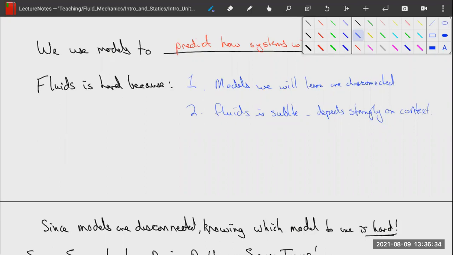So understand, you cannot just memorize a few equations and use them on an exam, because those equations that you can memorize are never the ones you're actually using. You take the equations and you alter them based on the assumptions you're using, and the number of combinations of assumptions we have is so great that it's not impossible, but it's very difficult to memorize all of them. So you need to use the active learning techniques we're talking about in this class to actually understand what's going on, right? Three, the math is not trivial.